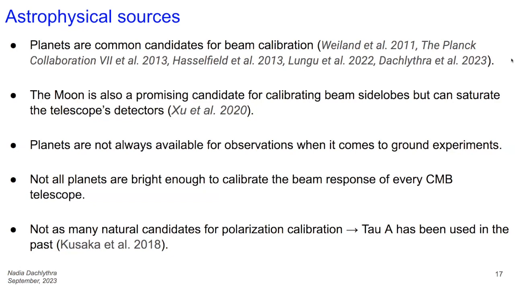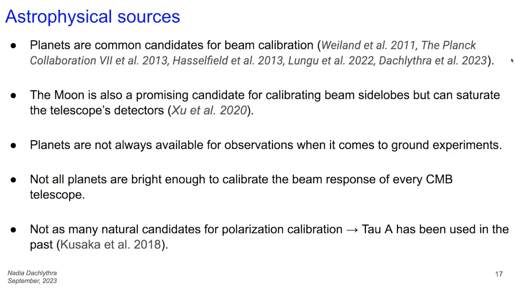Okay, so we have planets and so on, but we also observe from the ground quite often, and planets are not always going to be visible from everywhere above the horizon. So if we're looking at Jupiter, that is a natural candidate that has a high signal to noise ratio. Then for this fall, for example, where we're doing some initial observations to calibrate the SO telescopes, Jupiter doesn't rise higher than 50 degrees, and the atmosphere there is very problematic.